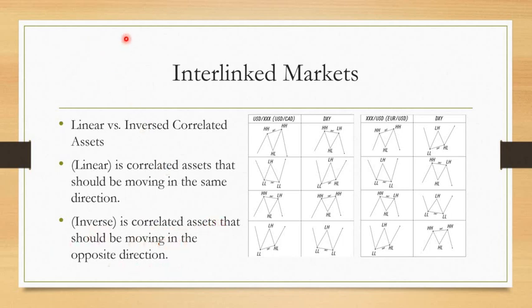That means if one market is going up, the other one should be going down, and if one is going down, the other should be going up. So one type moves in the same direction, and the other, the inverse, moves in the opposite direction of each other.